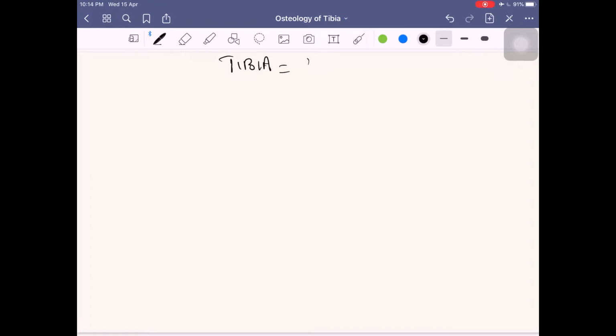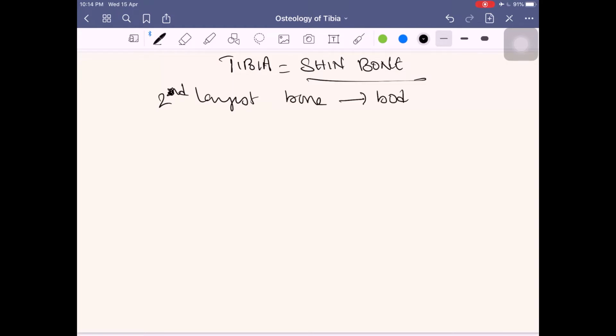The tibia literally means shin bone. Now this is the second largest bone. The first largest bone is your femur. This is the second largest bone in the whole body, and it is a medial bone of leg.